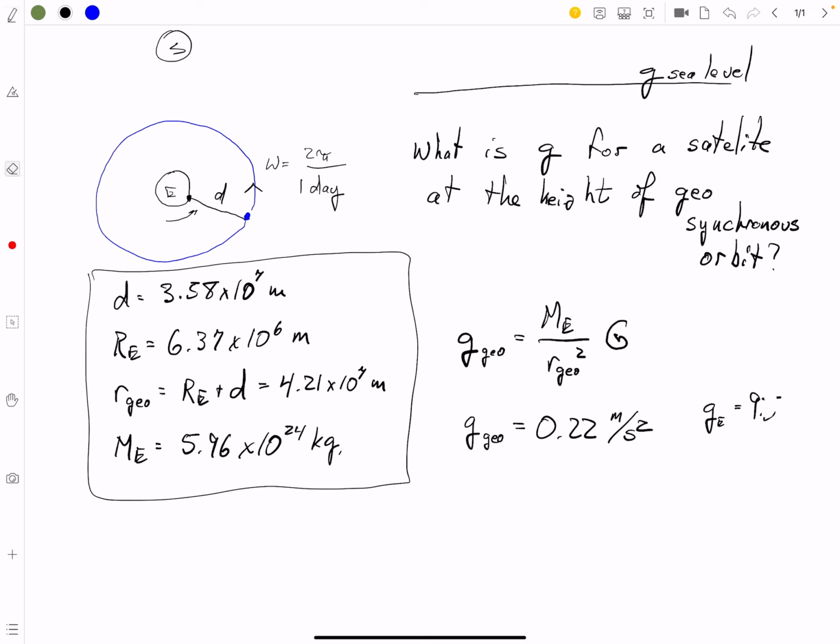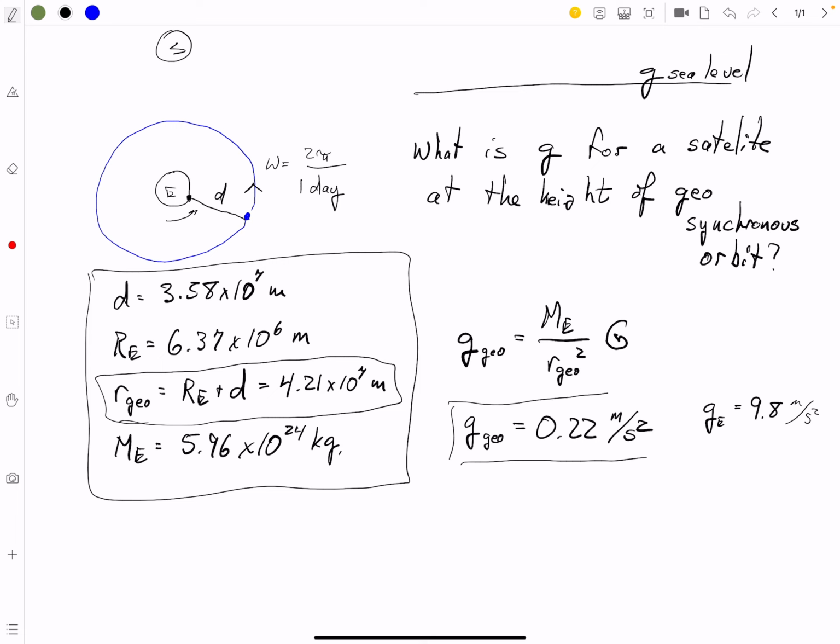And if we're going all the way from 9.8 down to 0.22, that means this radius had a lot to do with causing this.